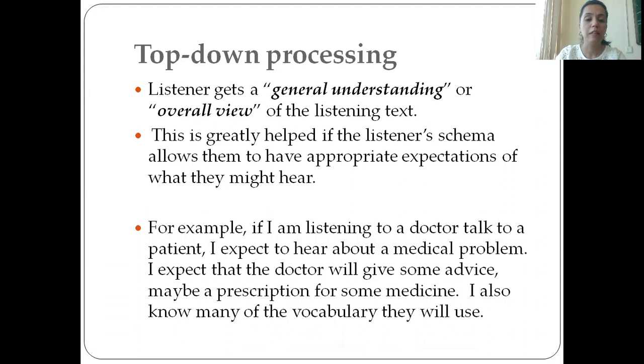For example, if I am listening to a doctor talk to a patient, I expect to hear about a medical problem. I expect that the doctor will give some advice, maybe a prescription for some medicine, or I also know many of the vocabulary they will use.